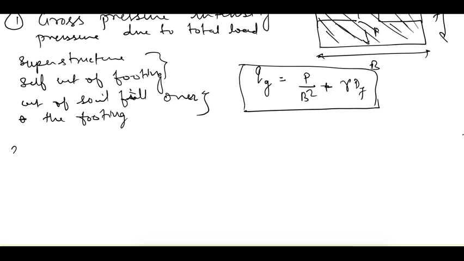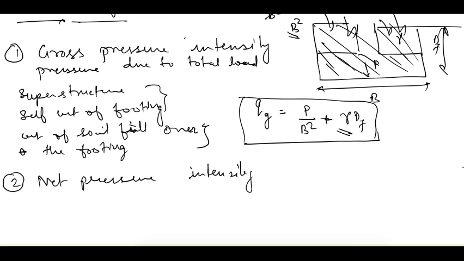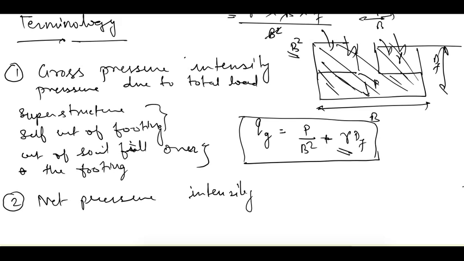Now our next term is net pressure intensity. As I said, this gamma Df was there even before the construction of this footing or the structure. So it means there will be no deformation due to this part because it was already existing on the soil.